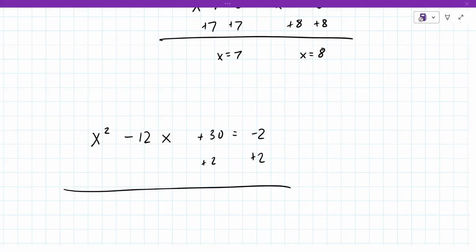X squared minus 12x plus 32 equals 0. And then 32, 1 and 32, 2. Two and 16.